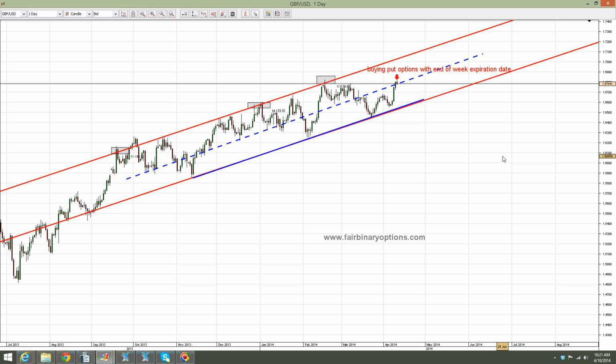Also, be aware that this is a classical example of support and resistance for the Great Britain pound US dollar, and be aware that at the Bank of England meetings, unless they are changing the rates, there's no press conference like it is the case in Europe or in the United States from time to time.